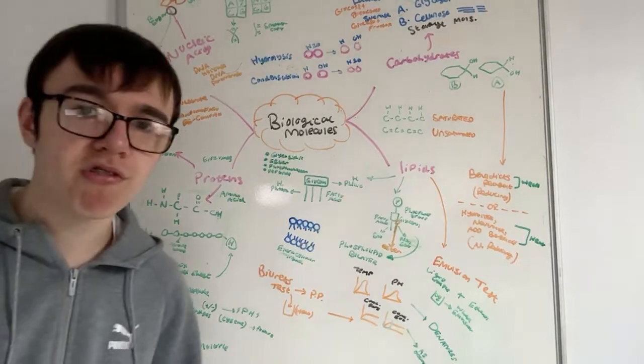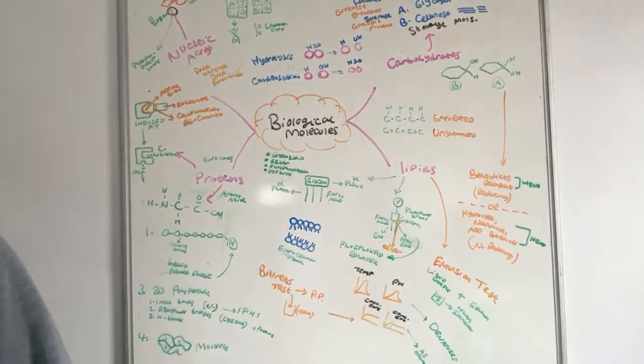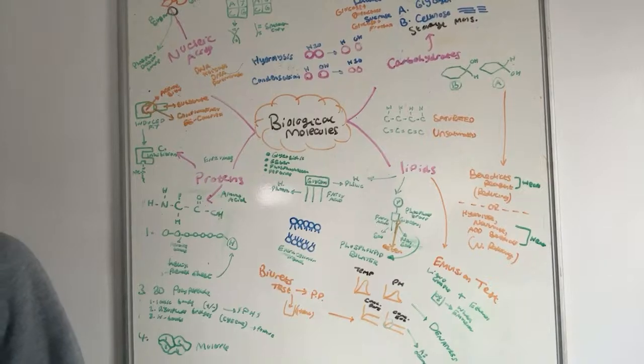A lot of these questions I have done though already, so this might just be me parroting the mark scheme. But here, biological molecules. Jesus, is my computer like having a heart attack or something?